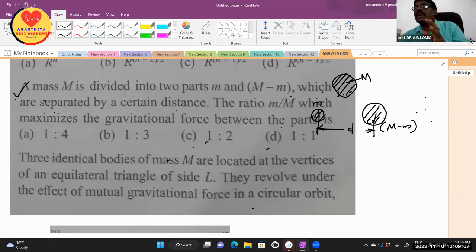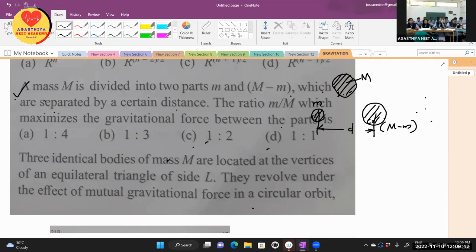In that ratio, the force between the two masses will be maximum. That is the condition.